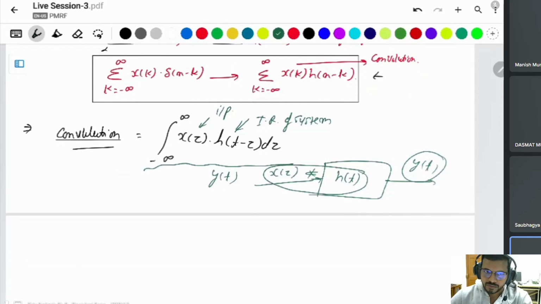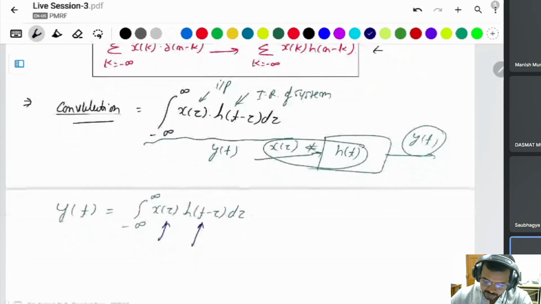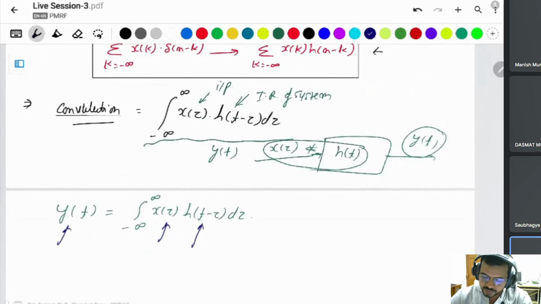You can say y(t) is equal to the integral from minus infinity to infinity of x(tau) h(t minus tau) d tau. The convolution of input and system gives the output. Like here, this is the input, this is the system.